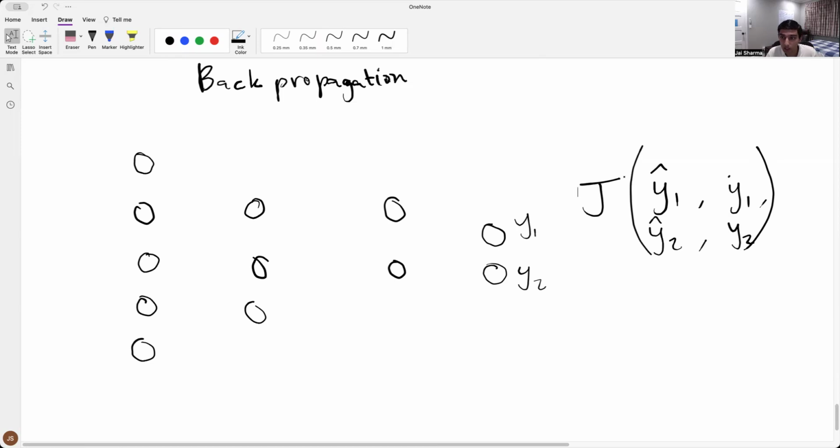A lot of different types of cost functions, but somehow we have a differentiable way, mind you, which means that you can take the derivative of this function, of computing the error of our model.